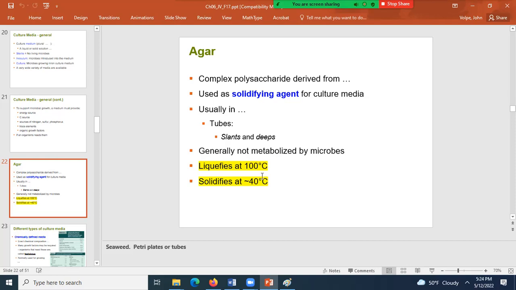But Jello can be digested by many microbes, and then the solid media would become liquefied. And so that's why he switched to agar.